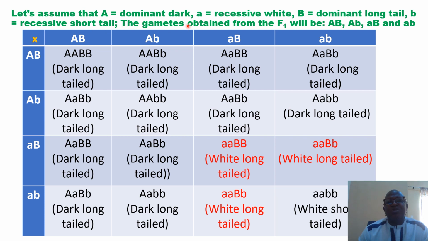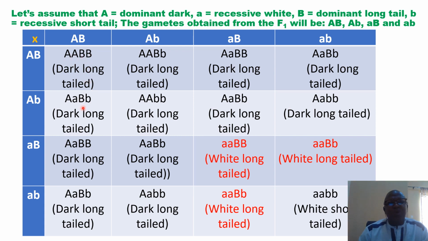So the gametes we obtain from the F1 when a dominant dark and long tail animal is mated with a recessive white and short tail animal, rat in this case, will produce this phenotypic ratio. So wherever you have this, it will block this from expressing itself.